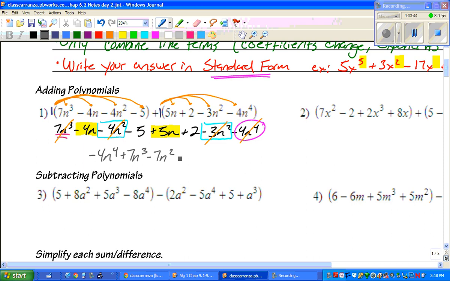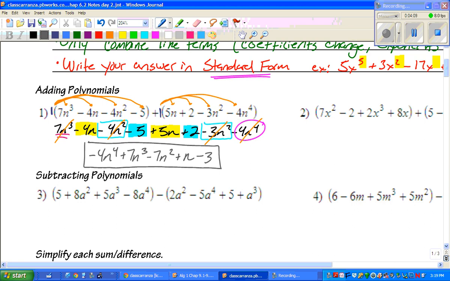Negative 4 plus 5 is just n. And then at the very end, negative 5 and 2, negative 5 plus 2 is a positive 3, Mr. Grice. Negative 3. And there you go. That's your final answer.